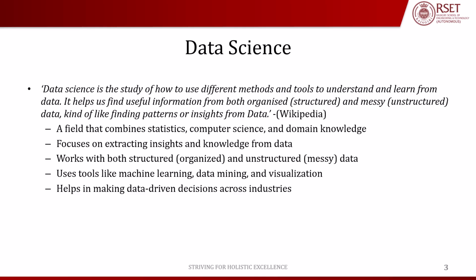It can be coming as relational tables, or it can be coming as CSV files, and there can be dependencies between these files. Some files can be metadata, but all in all, it will be structured. It will be having a structured format, right? So data science should work on both structured and unstructured data.